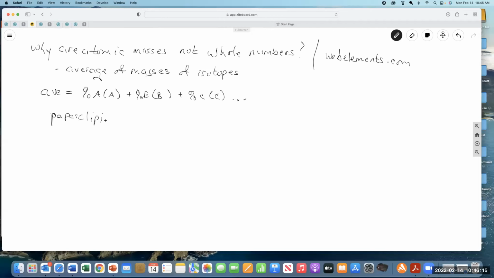I just made it up. If you look for it on the periodic table, we're going to use the symbol PC. And there's 2 flavors. There's large, this here, and there's small.